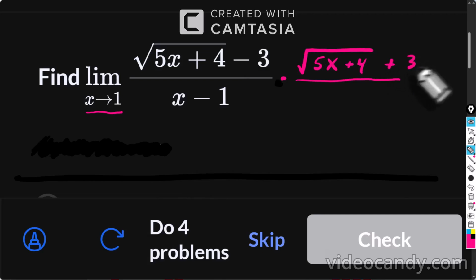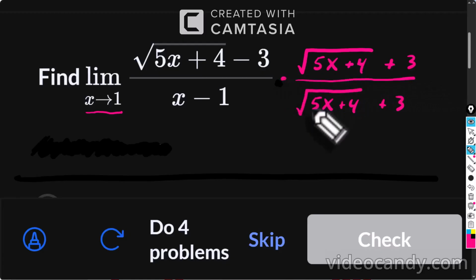So it's going to be plus 3. Okay? Whatever you multiply on the numerator, you want to multiply on the denominator as well. So just write the same thing in the denominator. Okay? The same term divided by itself is just 1. And I'm allowed to multiply by 1.